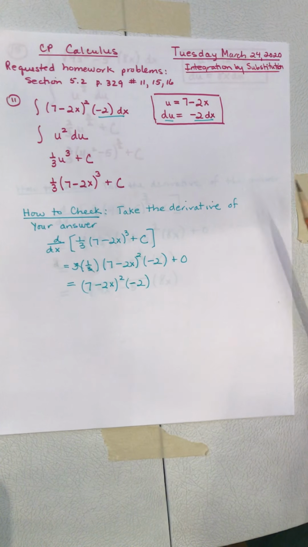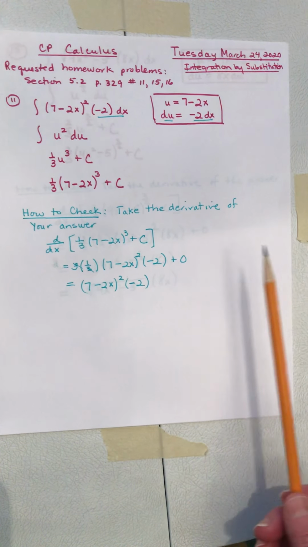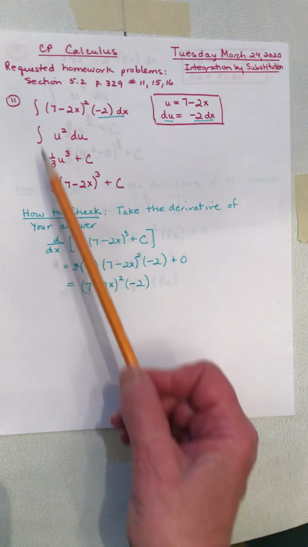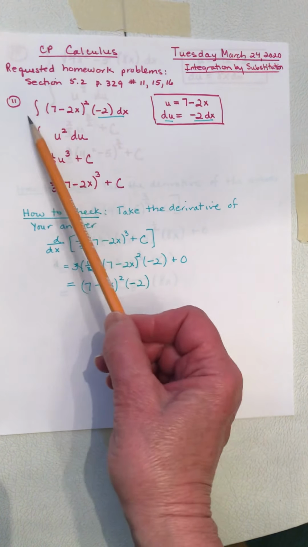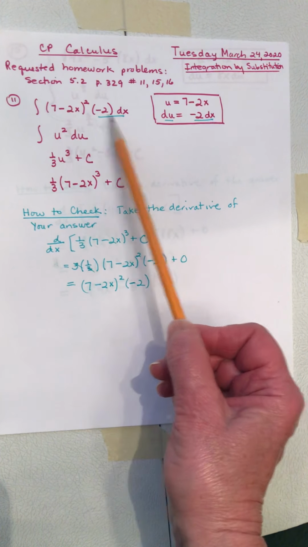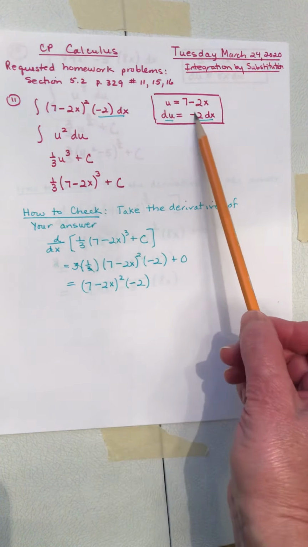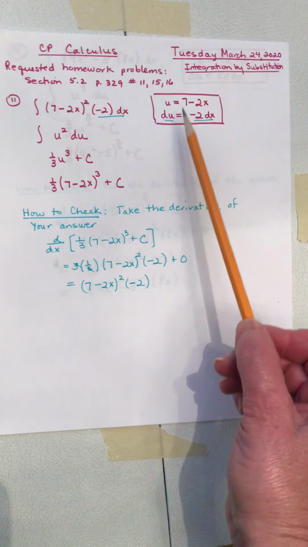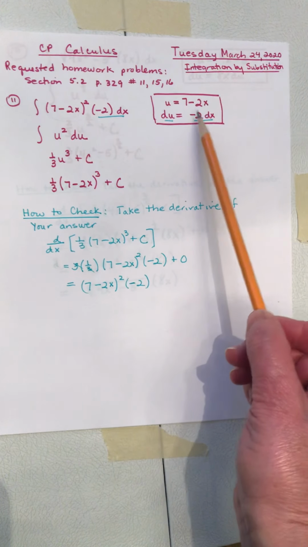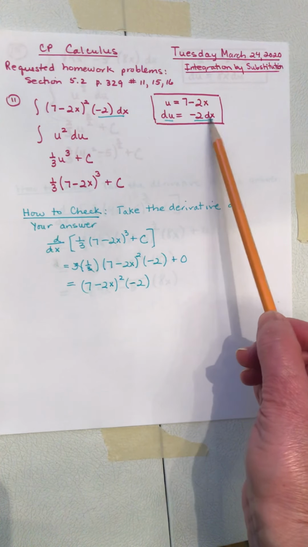All right, so number 11, what we're looking for is a function within a function. And so our inside function in the integral of (7 minus 2x) quantity squared times negative 2 dx is 7 minus 2x. The derivative of 7 minus 2x is negative 2 dx.